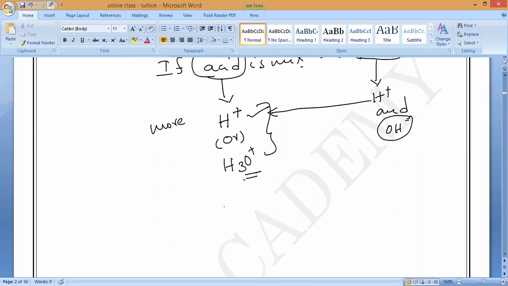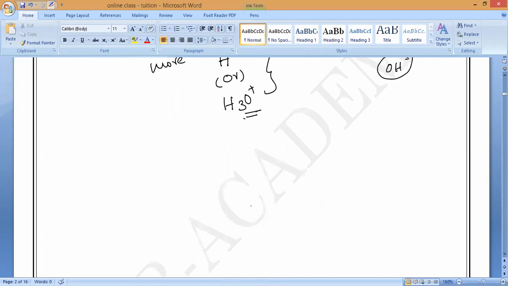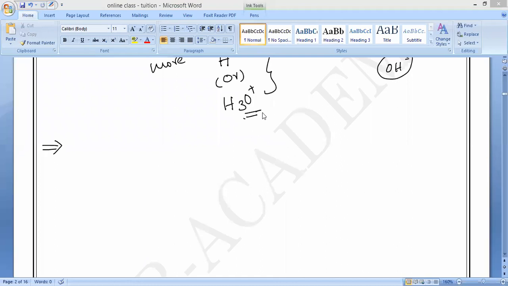So from this I can conclude one point. Till now we have studied acidic solution as meaning only H plus ions, but now our definition changes. Can anybody say, from now, acidic solution means what? More amount of H plus ions, less amount of OH minus ions.